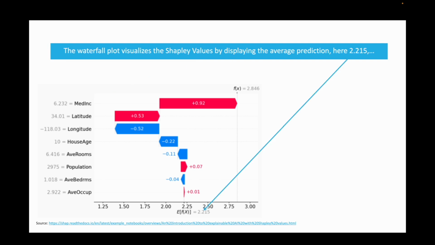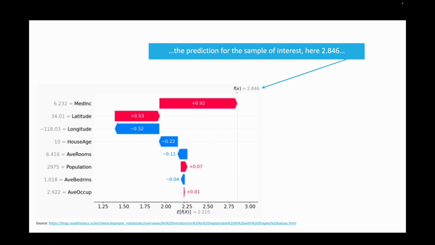The waterfall plot visualizes the Shapley values by displaying the average prediction, here 2.215, the prediction for the sample of interest, here 2.846, and the Shapley values for the corresponding feature values.